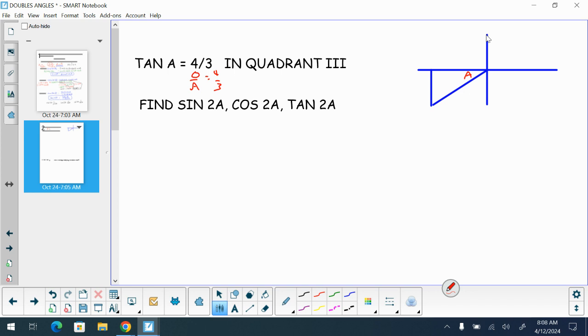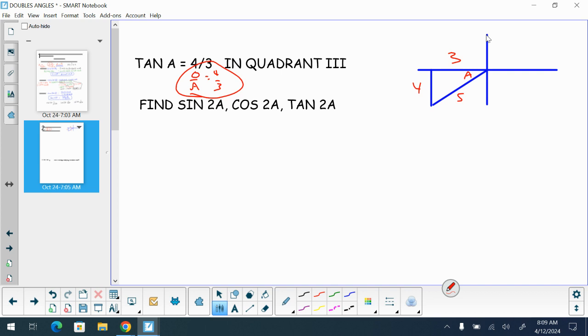Once again, that's why students tend to do a little bit better on this one, because they're a little bit more used to the types of problems that you have. So my opposite side is 4, my adjacent side is 3. So throw in your values. Pythagorean triple, we have a value of 5, and we check for any negative signs.